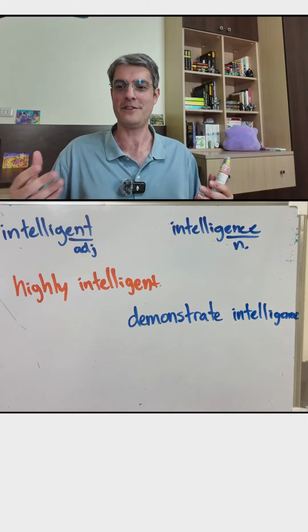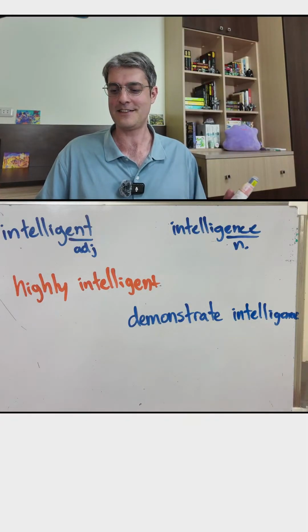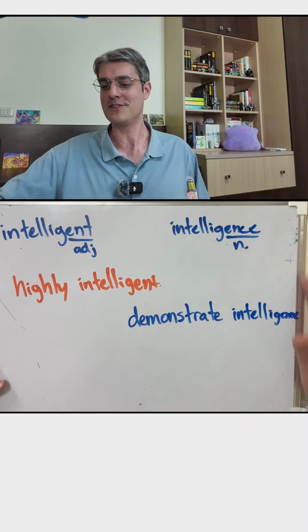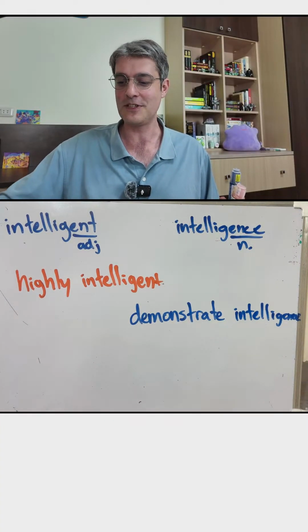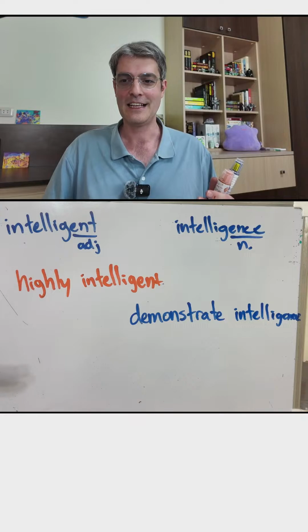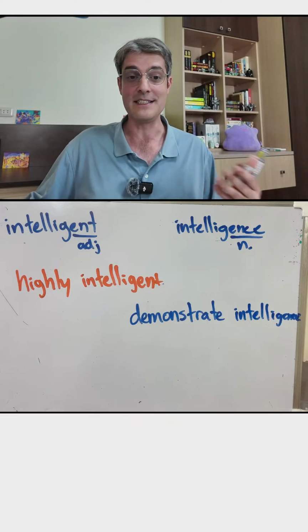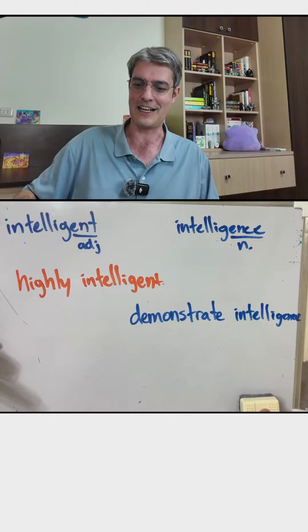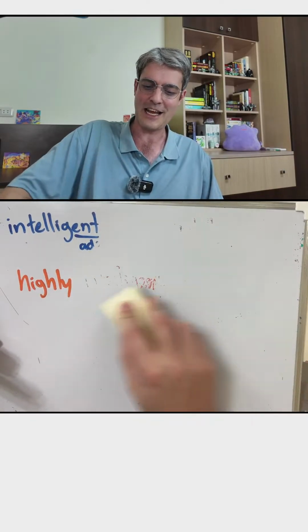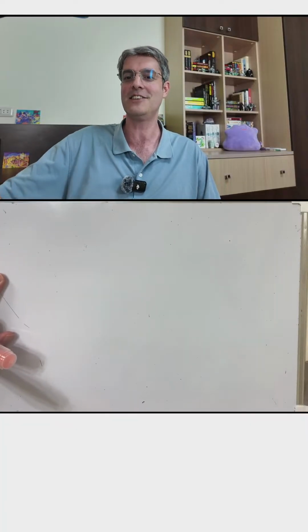So maybe if you're designing a task, does it help demonstrate intelligence? If you're a teacher and you have your students do something, does the task allow the students to demonstrate their intelligence, which just means to show their intelligence. All right, so I didn't have many collocations I wanted to use for intelligent and intelligence.